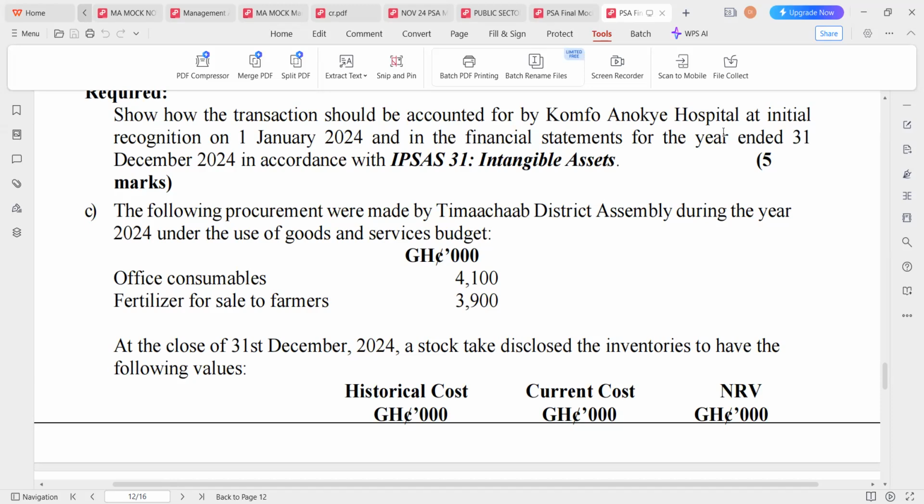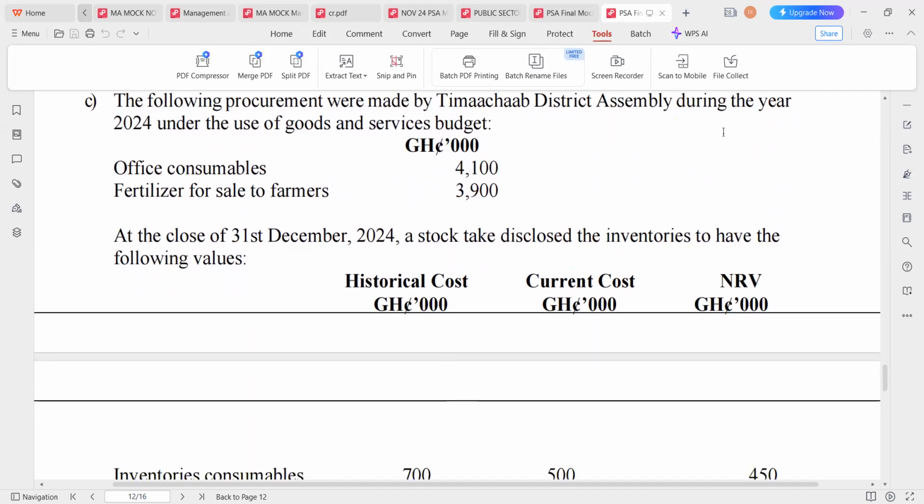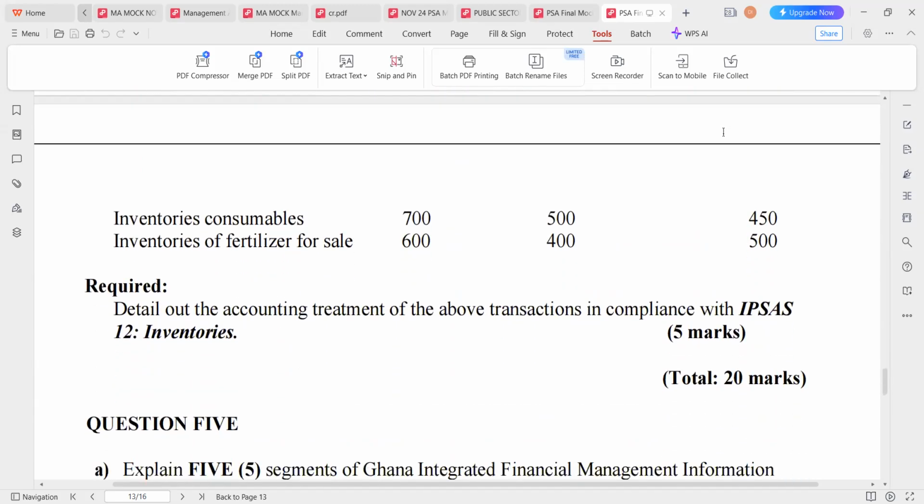All right, so the last one is IPSAS 12. Lower of cost and what? NRV, the rules still apply.